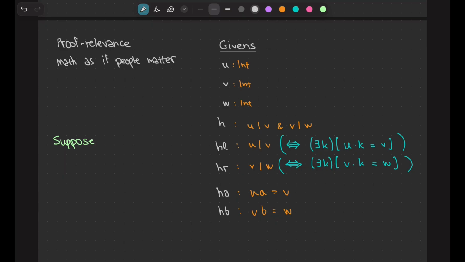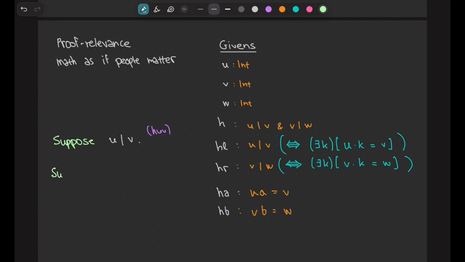Let's say I used to write something like suppose U divides V. At some point I wrote this in my proof, right? And I called it maybe HUV to remind me that it has to do with my U and my V, but just a name, just a label, okay? I can see this like that.